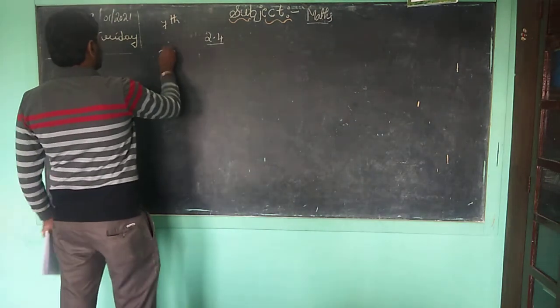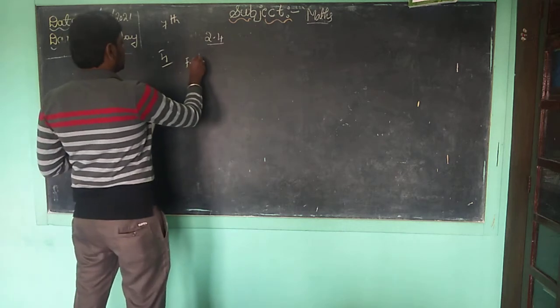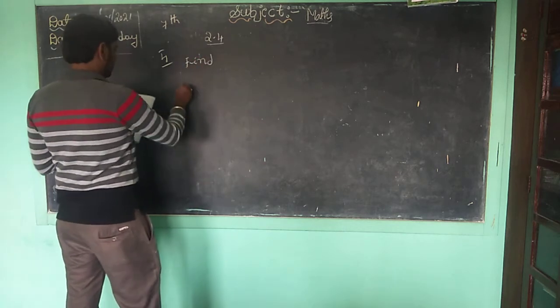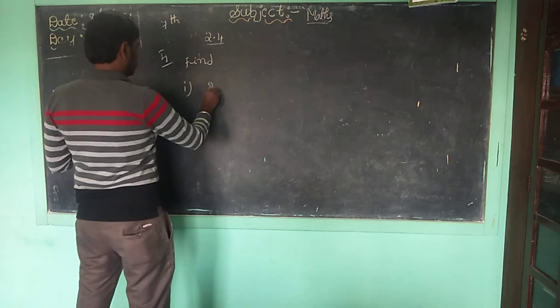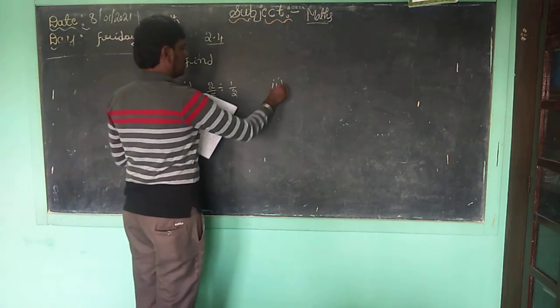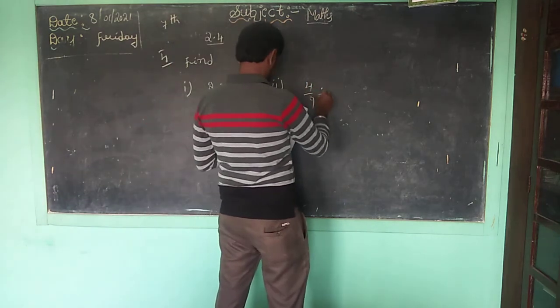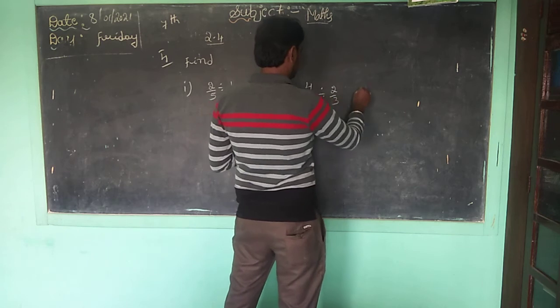Children, very simple. So fourth one, find this one also. Same like that only. So 2 by 5 divided by 1 by 2 and 4 by 9 divided by 2 by 3.